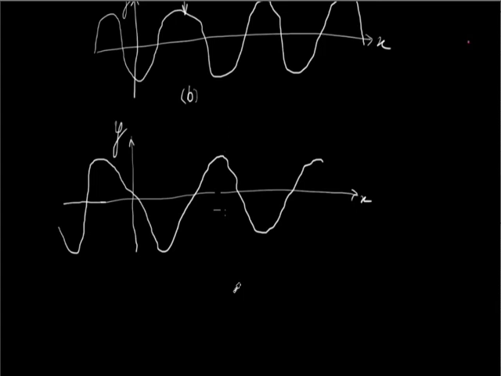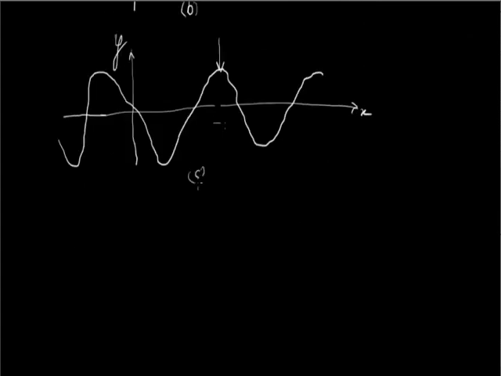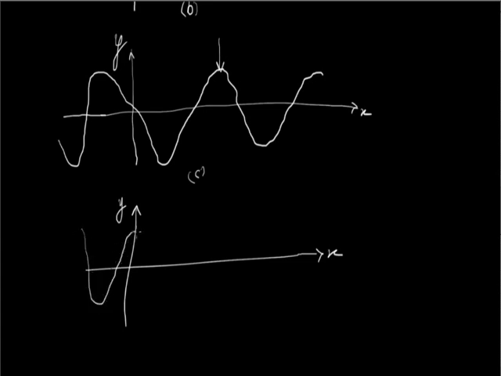So what we can see here is the progression of a wave. This is diagram C. This is the x-axis, this is the y-axis. Here you can see that the arrow has moved a bit ahead.